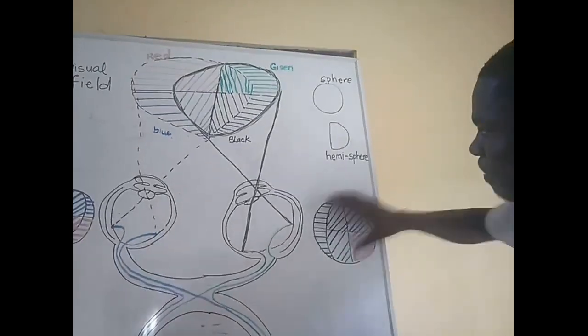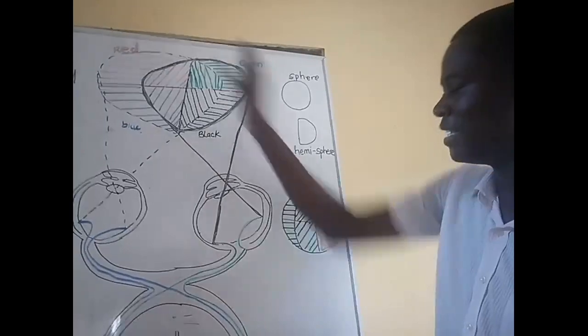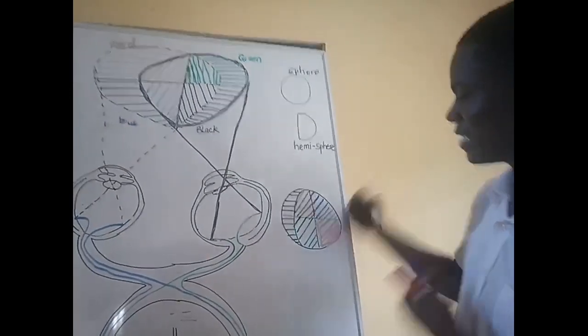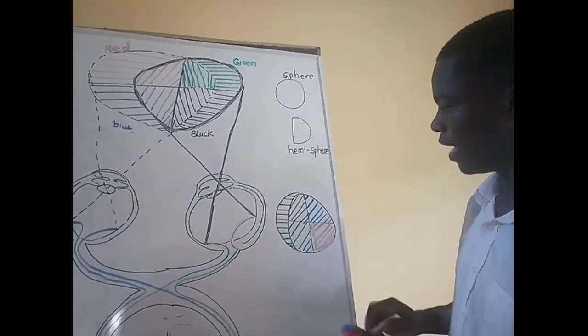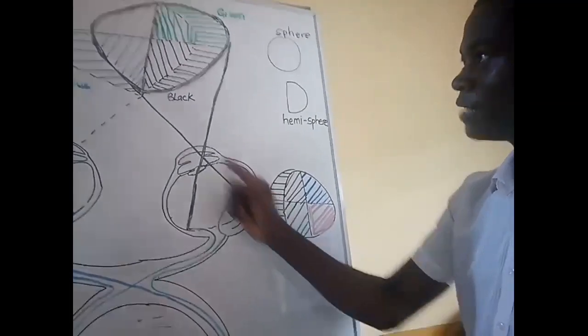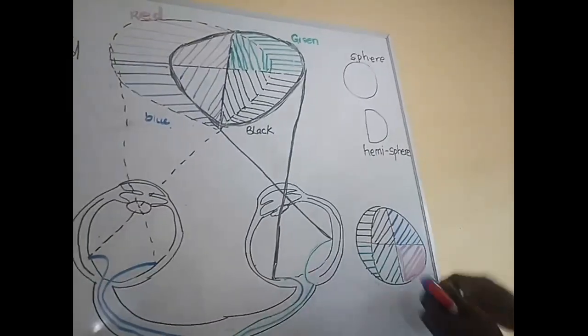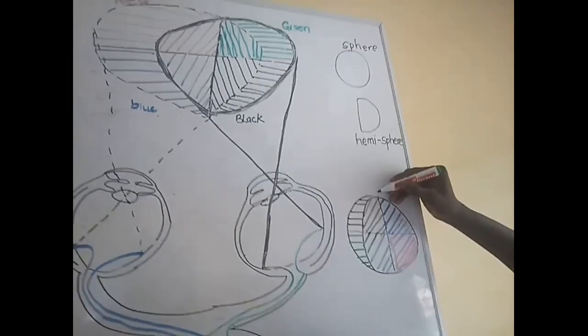Now, this is a simplified diagram of how the right eyeball perceives its field. So as you can see here, now this right side is perceiving here. So when we bring it here, we are talking about this side.